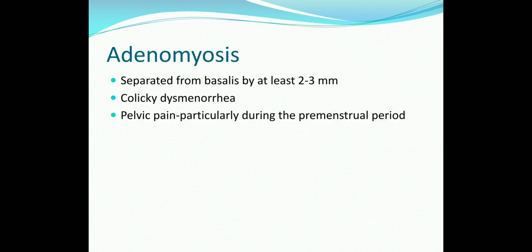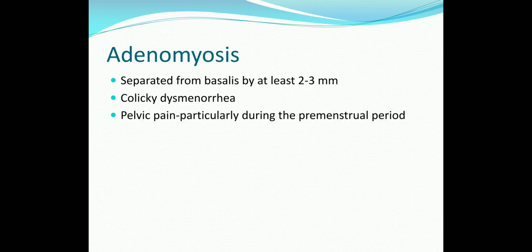And the patient will have colicky dysmenorrhea and pain. But here menorrhagia is usually not seen in adenomyosis, because these adenomyotic glands are usually non-functional. It is usually the basal endometrial layer that is migrating to the myometrium, rather than the functional endometrium.